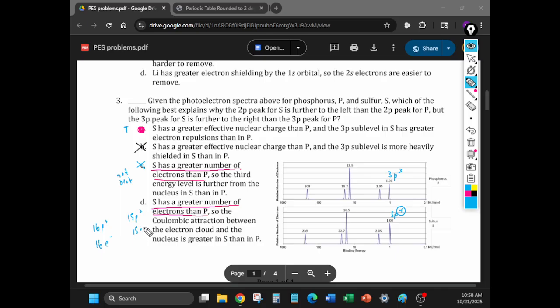And so this statement is true as well, but it's not the best explanation of why this specific peak is shifted. So C and D are technically true, but they're not the best explanation for the specific question it's asking. It's asking about the 2p peak locations and the 3p peak locations. That's why you want to look at an answer that talks specifically about the peaks the question is asking about. So A is going to be your answer.